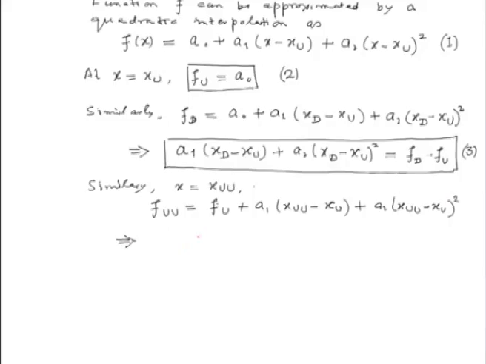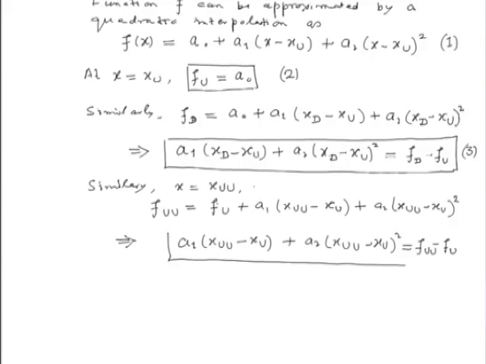Rearranging the terms, we get a1 times (x_uu minus x_u) plus a2 times (x_uu minus x_u) whole square, which is equal to f_uu minus f_u. Let's number this as equation 4.